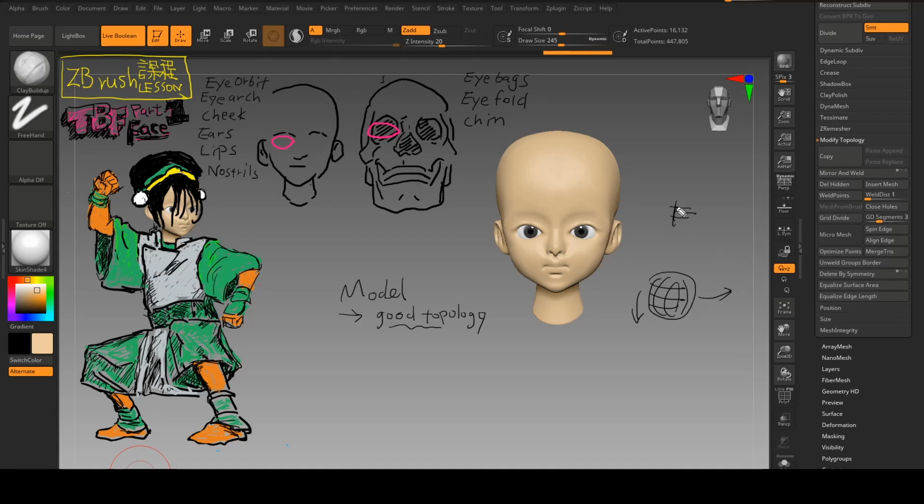But this dense mesh is harder to move. Maybe you have experienced that.